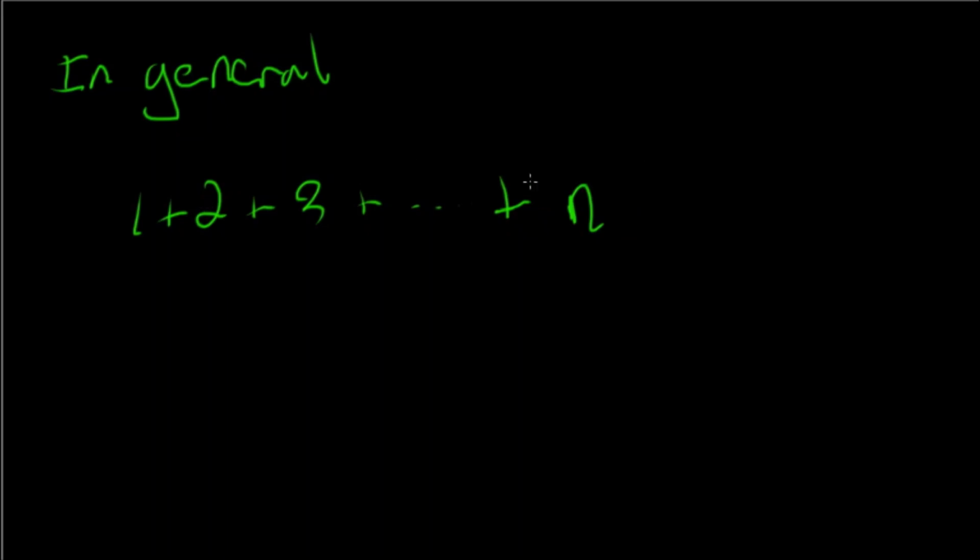In other words, I want you to tell me what the sum of 1 to n is for any value n. So 1 plus 2 plus 3 plus 4 and stop, 1 plus 2 plus 3 plus all the way up to 100 and stop, or any arbitrary number. So if I wanted to make this 1,000, 10,000, 47. I want you guys to take a second to try to figure out a formula for this.